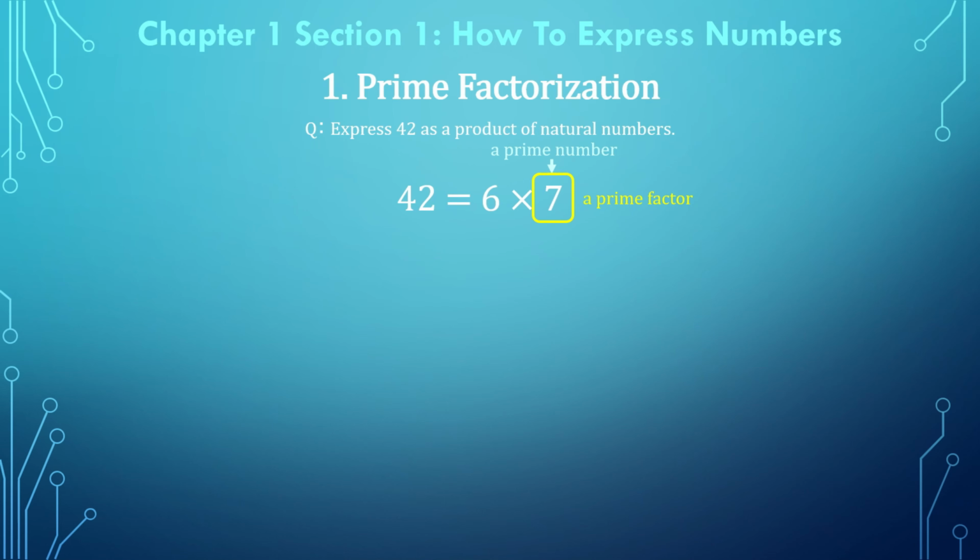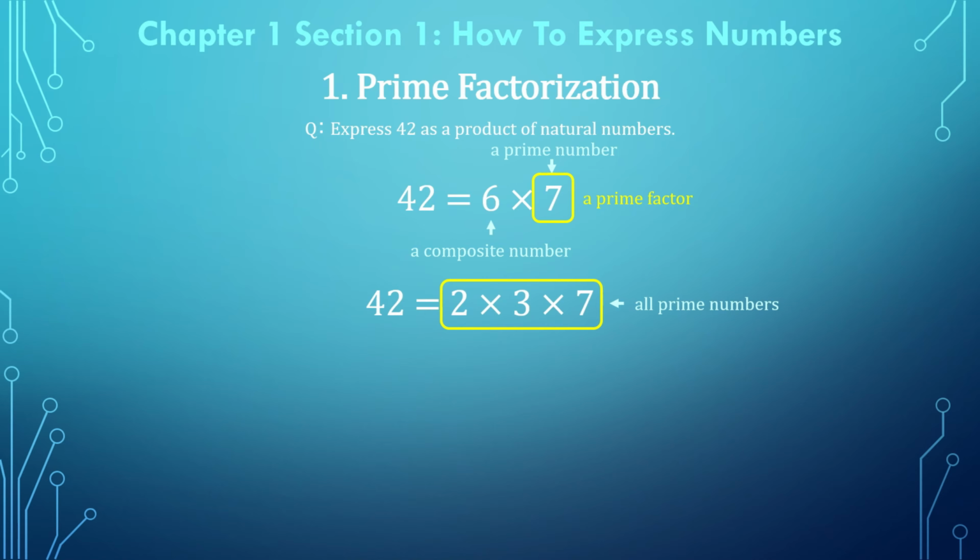On the other hand, 6 can be divided by numbers other than 1 and itself. You call it a composite number. That can still be broken down into prime factors. When the factors are all prime numbers, you've performed prime factorization, which is the theme of this video.